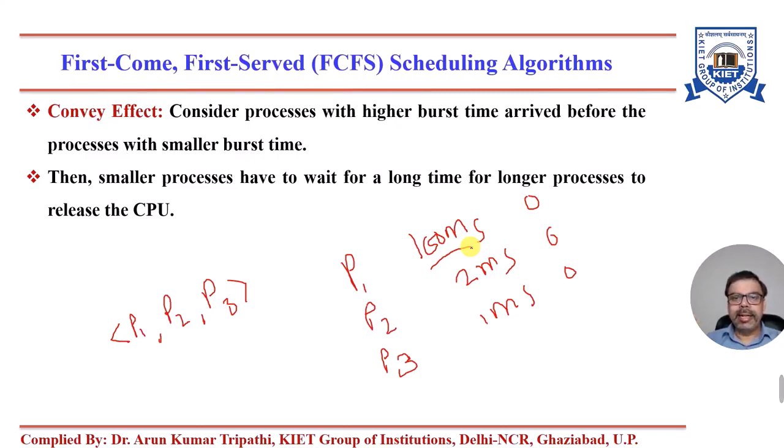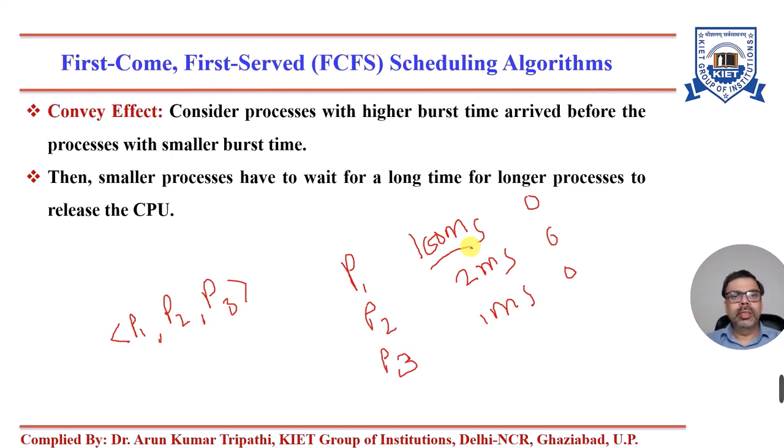So the waiting time of P2 will be 100 millisecond and for P3 it will be 102 millisecond. While P3 could execute for only 1 millisecond and leave the system, here it has to wait for 102 millisecond. So the average waiting time is much larger.